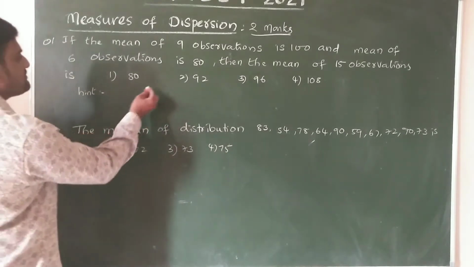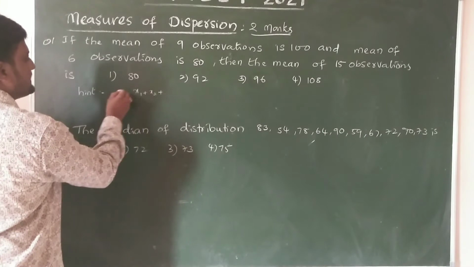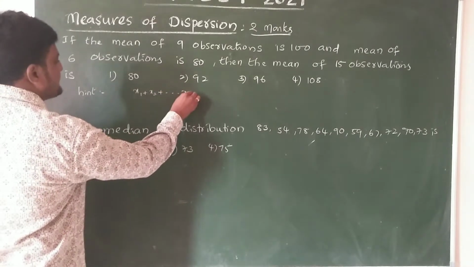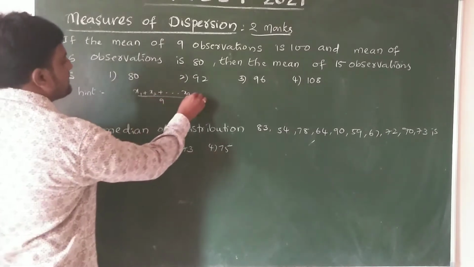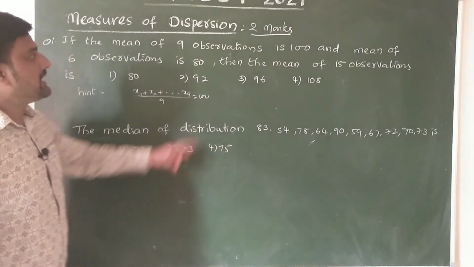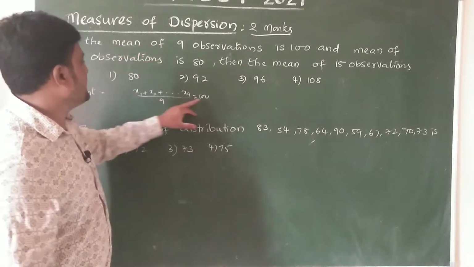We know (x1 plus x2 plus so on x9) by 9 equals 100. Yes or no? The mean of 9 observations should be 100.